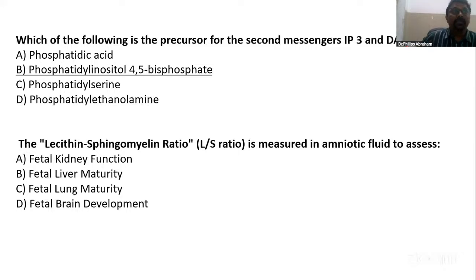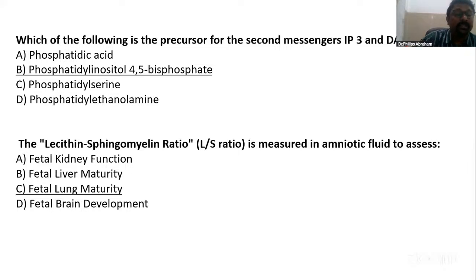In the fetus, a prematurely born baby may have respiratory distress syndrome. To know about fetal lung maturity, what do we measure? We always measure the lecithin to sphingomyelin ratio in the amniotic fluid, and it should be more than 1.2.